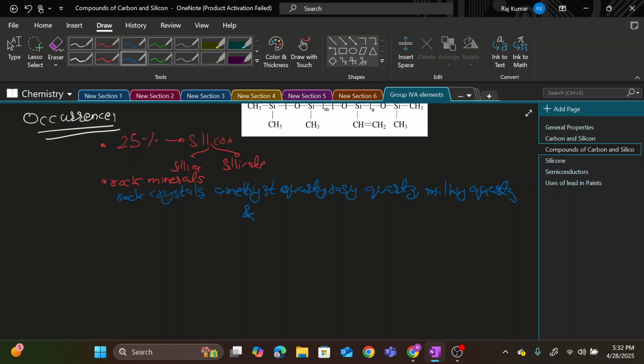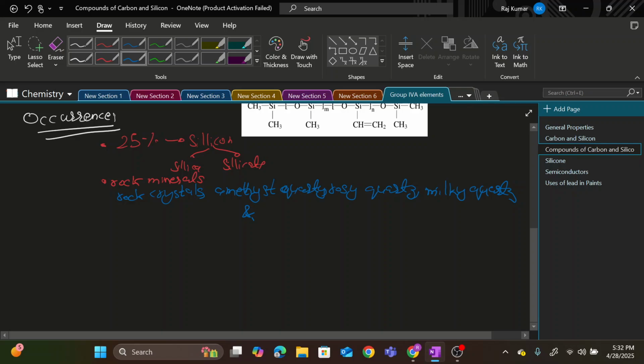Rock crystals, amethyst quartz, rosy quartz, milky quartz, and other quartz as well, and silica quartz.